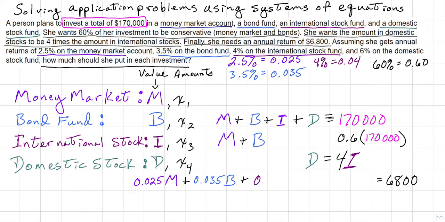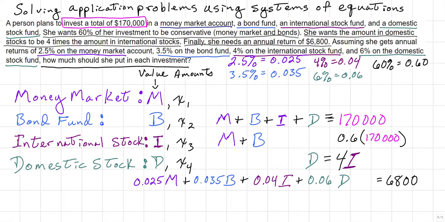So we'll have 0.04 times the international stock fund, and then finally she's going to get 6% on the domestic stock fund, and we know that 6% is simply 0.06, and so we'll multiply that by D, and now you'll see that we have 4 equations.